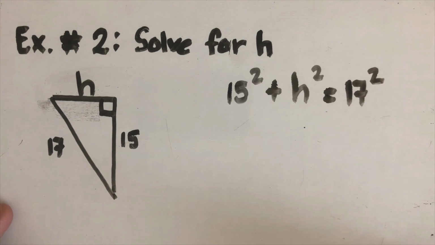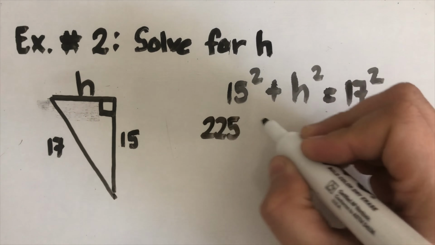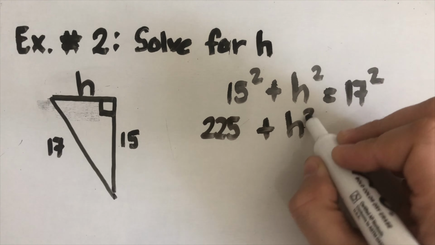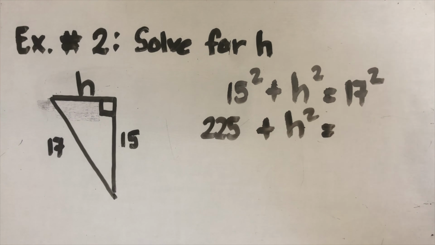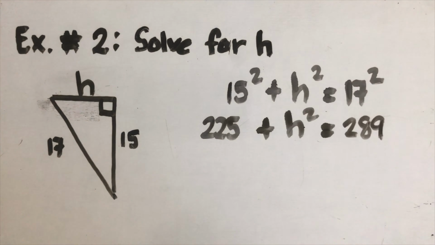Again, we use the calculator. There's a square button there, or you can multiply 15 times 15. So that would be 225 plus h squared equals 17 squared, which is 289.